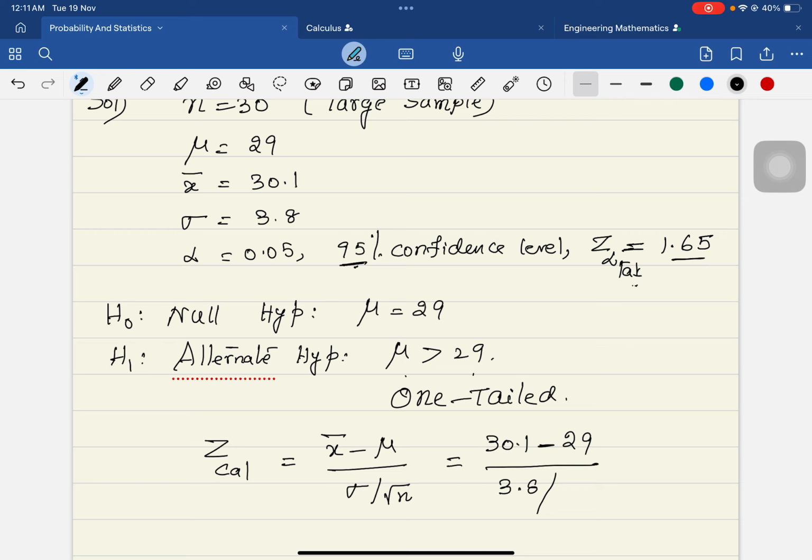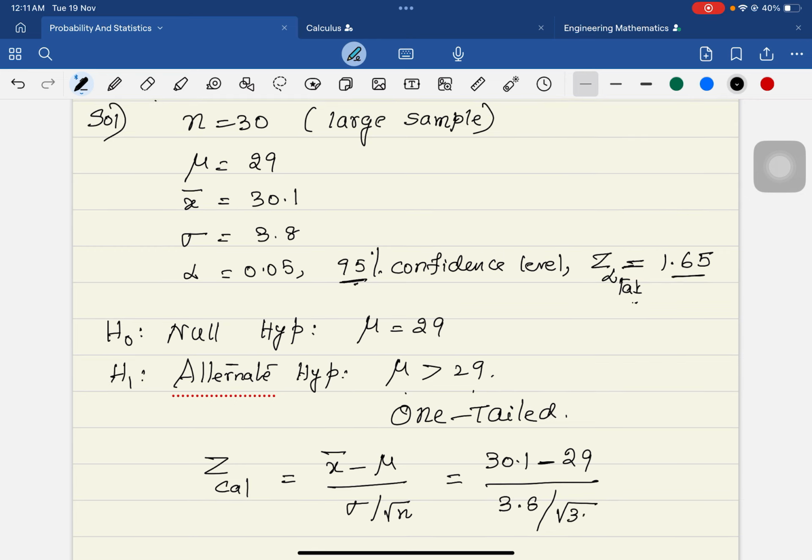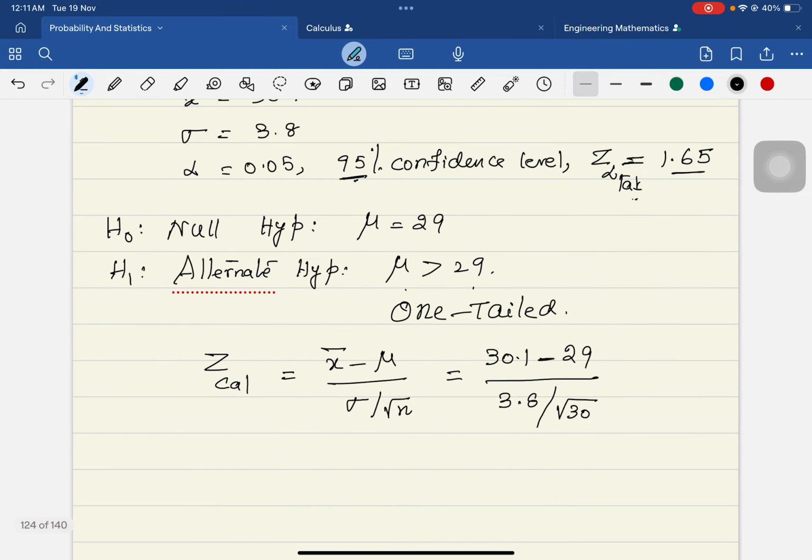And n is 30. So we do the calculation, and this gives you 1.5855. So Z calculated value is 1.5855 and Z tabulated value is 1.65.